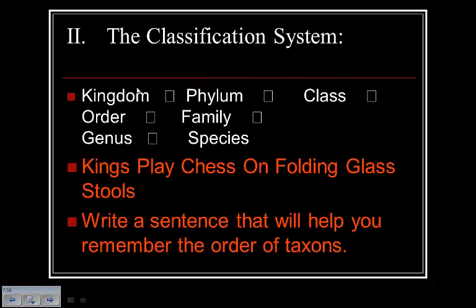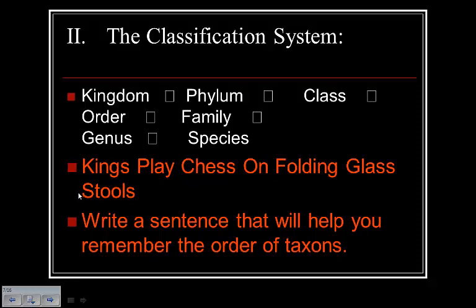All right, I'll give you an example. Looking at our classification system, I heard a lot of you talking about it in your pre-assessment, so clearly this is not something new to you: kingdom, phylum, class, order, family, genus, species. You do have to know them in that order, because we're going from the most general to very specific, down to where we know exactly what we're talking about. Here's one example of a way to remember this: Kings play chess on folding glass stools.